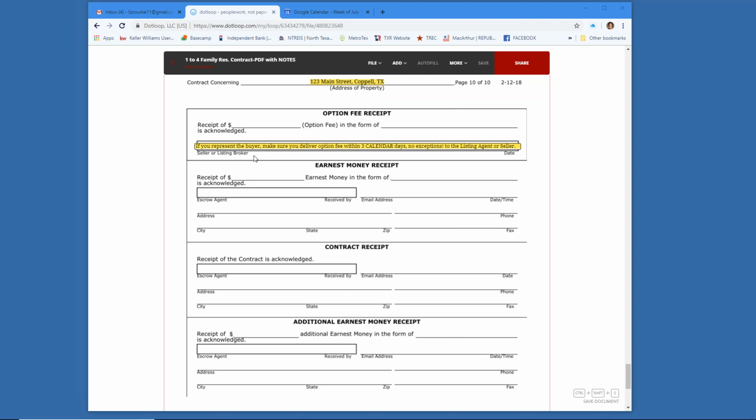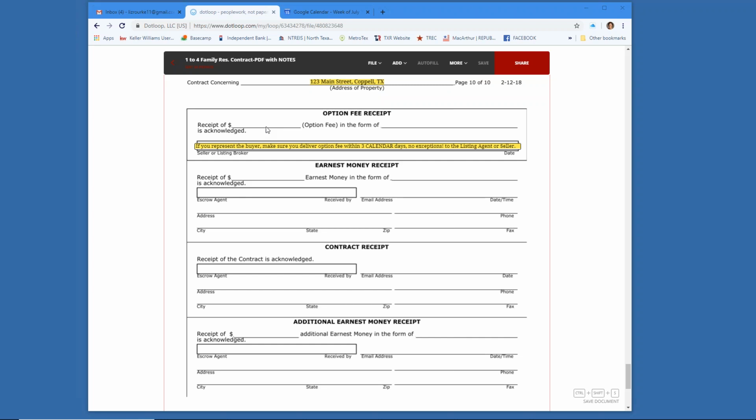And also, I see some that are receipted electronically. If you receipt it electronically, make sure it's within those 3 days. If they want to receipt it later electronically and there's a later date, get them to put the date that they received it over here. Does that make sense?